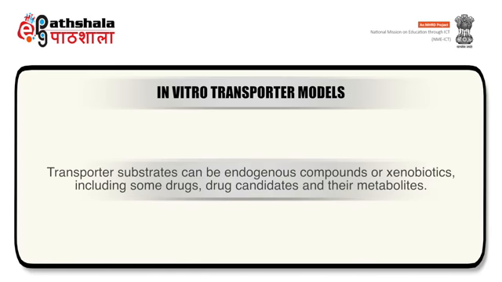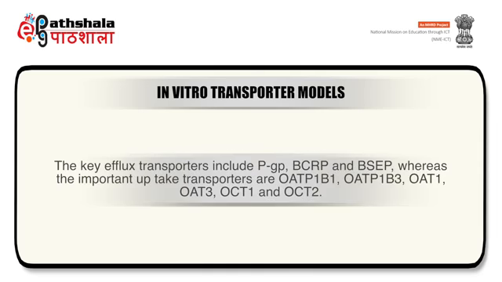Transporter substrates can be endogenous compounds or xenobiotics, including some drugs, drug candidates and their metabolites. The key efflux transporters include PGP, BCRP and BSEP, whereas the important uptake transporters are OATP1B1, OATP1B3, OAT1, OAT3, OCT1 and OCT2.